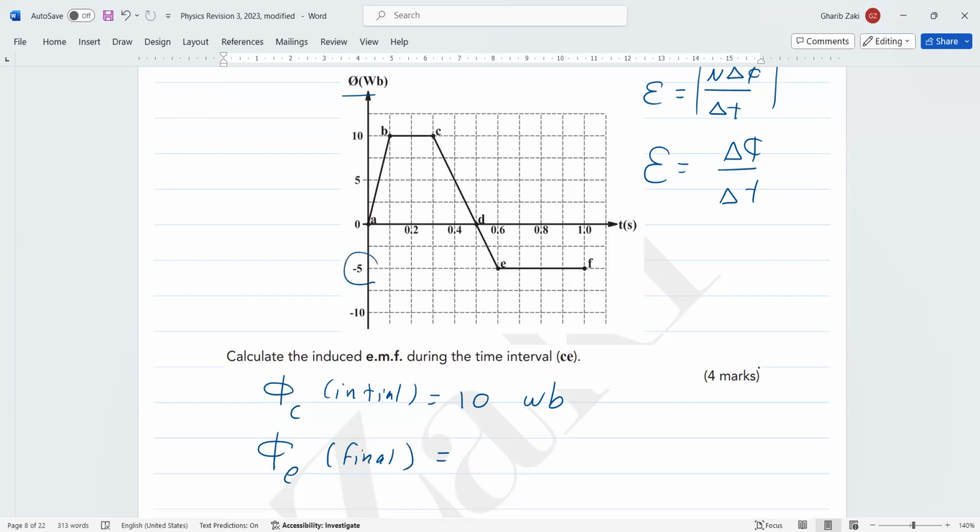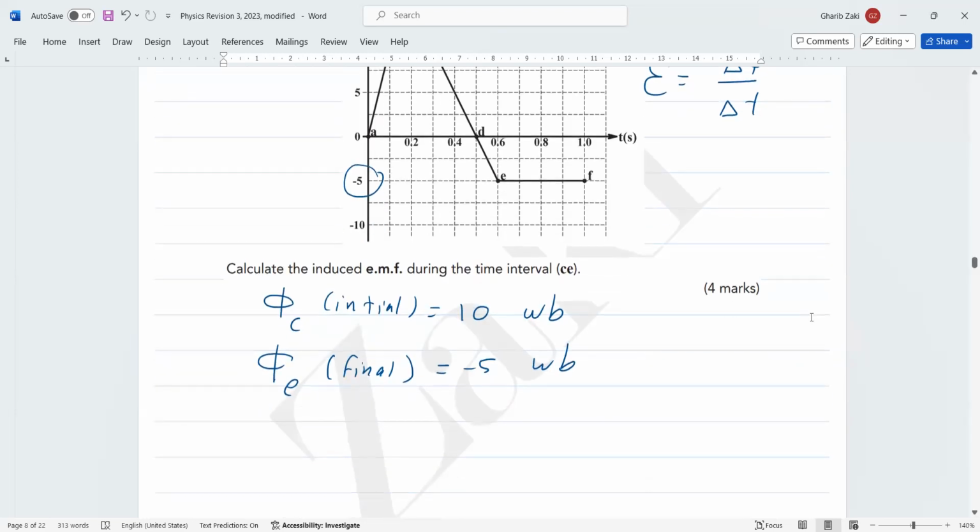It's -5 Weber. Now, what is the change in flux? Delta phi equals phi final minus phi initial. So it's -5 minus 10, it's -15 Weber.